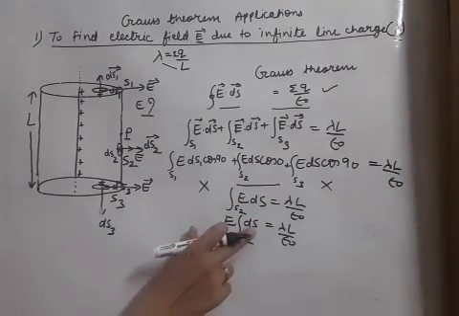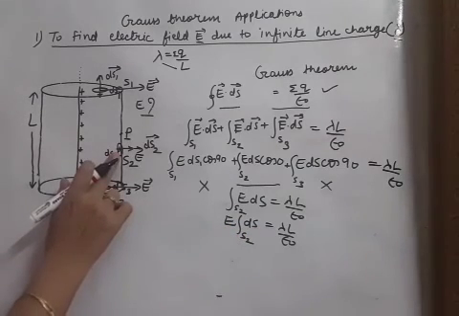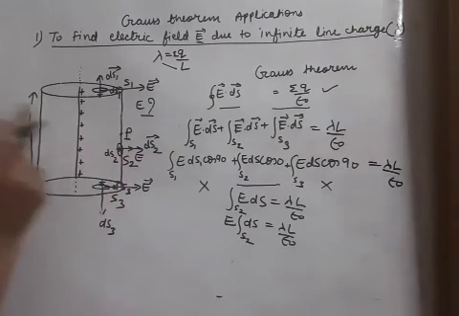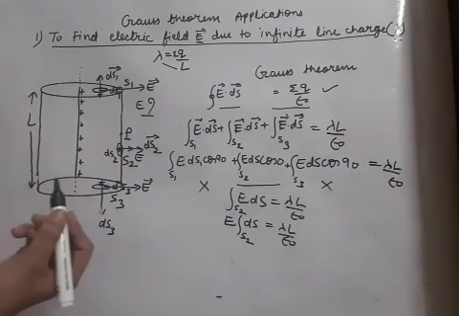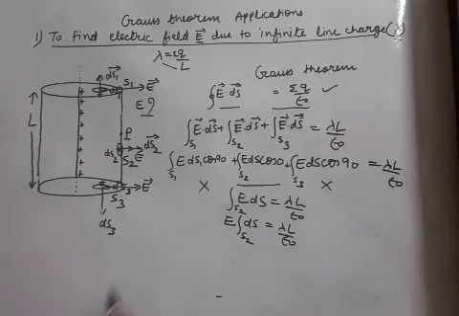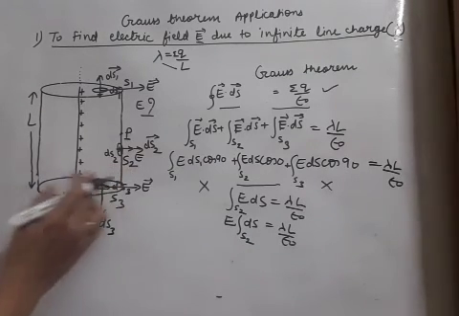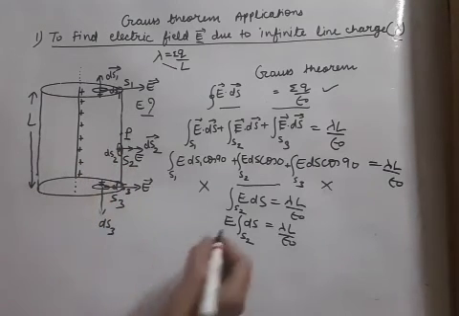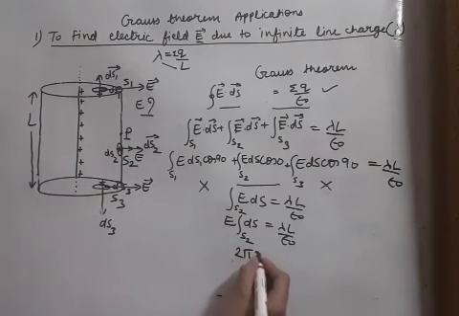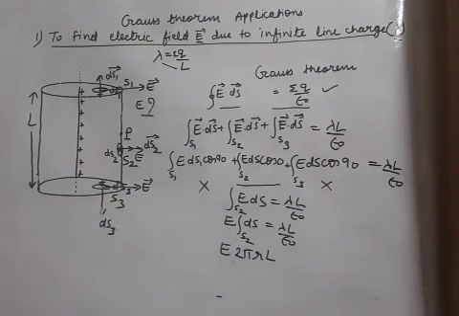Now let us understand how to solve the ds integration. ds means a small part of the S2 surface. S2 means the curved surface, and integration of ds means the whole curved surface. Now what is the area of the curved surface of a cylinder? That is 2 pi RL. So this way the integration is solved.